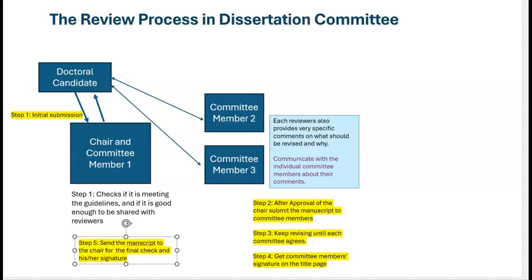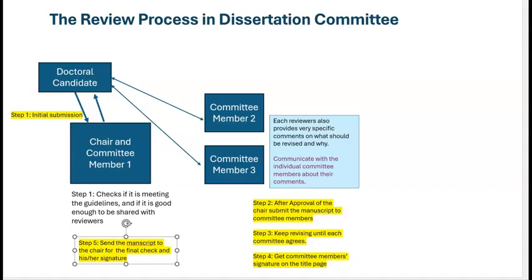So the review process starts with a doctoral candidate submitting their manuscript to the chair of the committee, who is usually their senior advisor. The senior advisor, just like an editor, will check the draft and check whether the manuscript is meeting the guidelines or not.